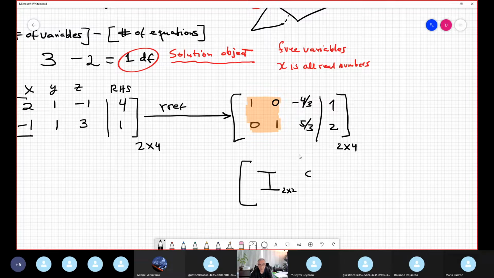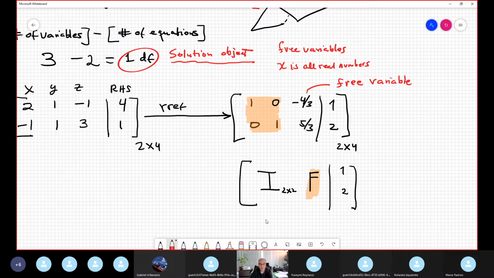Let me call this one capital F. And the famous right-hand side is 1, 2. When this situation happens, when you have an extra column, it's because we have the free variable. This is the free variable. The famous free variable.